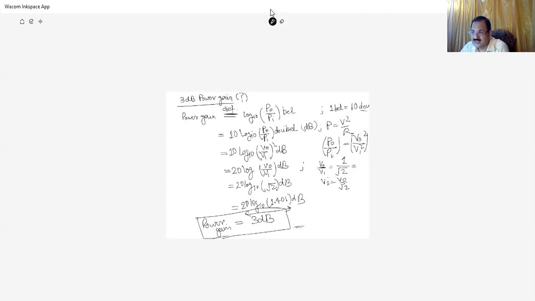So this value is V0 by under root 2, and this is the 3 dB gain.